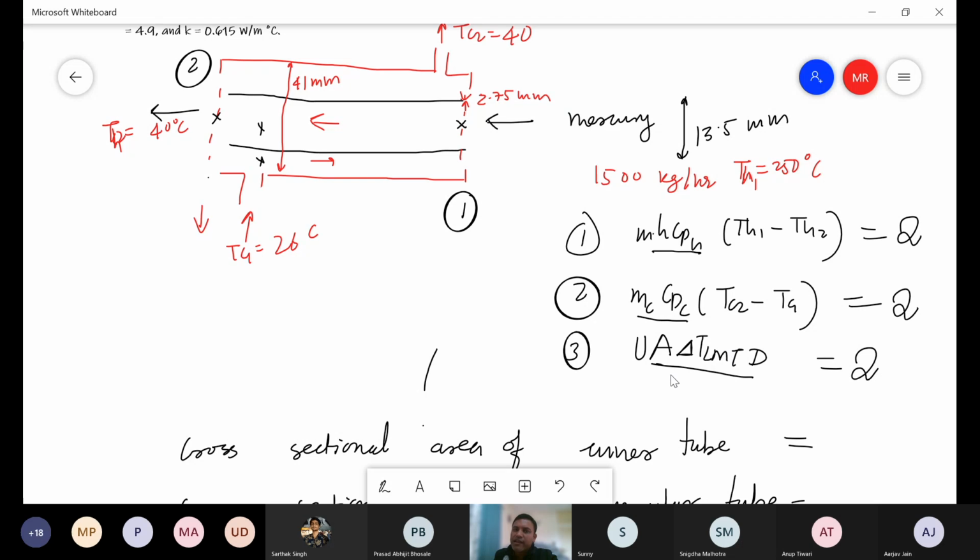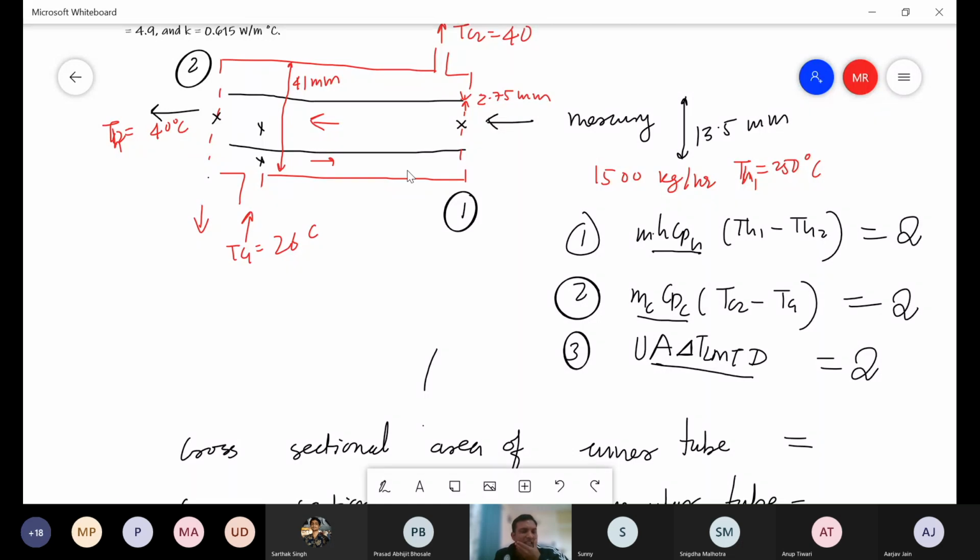Why are we using LMTD here? Because the change in the temperature, the driving force which is present at end 2 and at end 1, is varying across the length of the pipe, isn't it? So if you look at end 2, the driving force is what? The driving force is 40 minus 26. Whereas what is the driving force at end 1? 250 minus 40, isn't it?